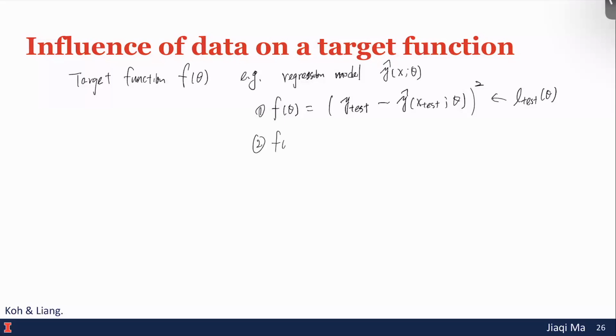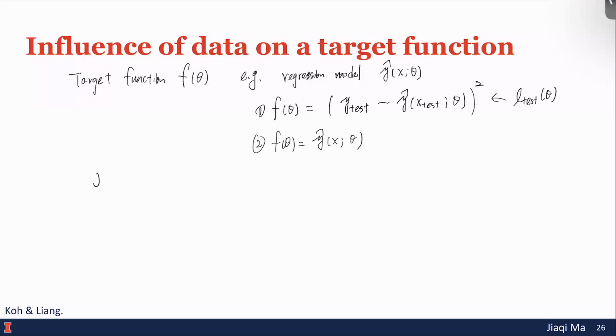The second example is f theta will just be y hat x theta, so this is just the model output. But anyway, this is going to be a function of theta. Then we can investigate the influence of each individual data point on this target function.